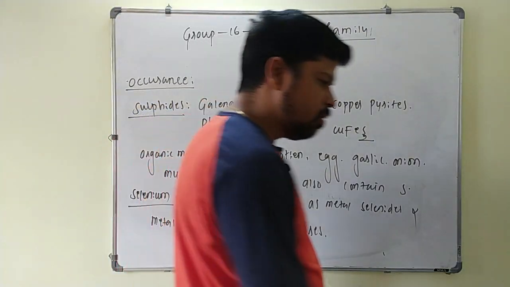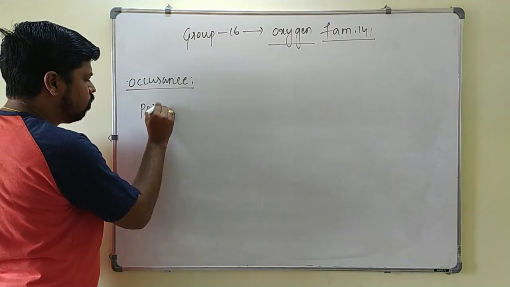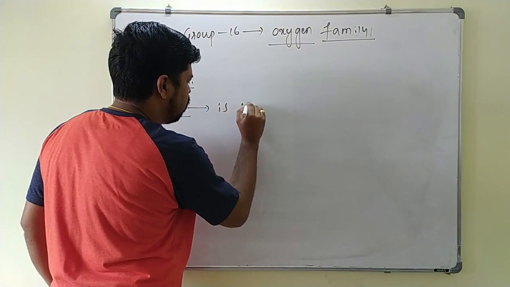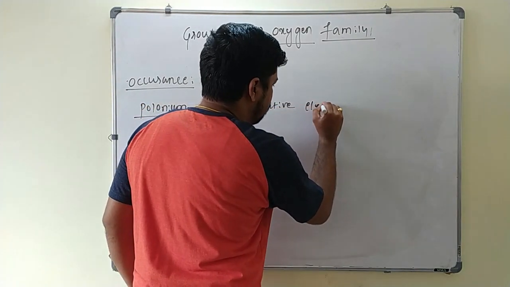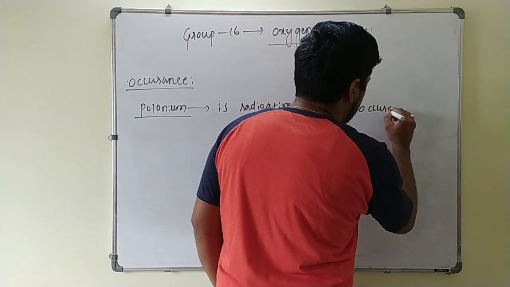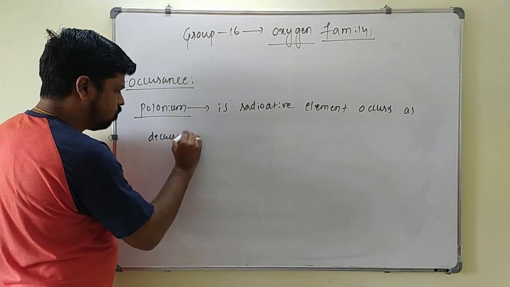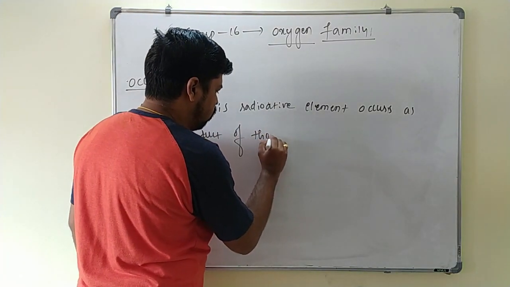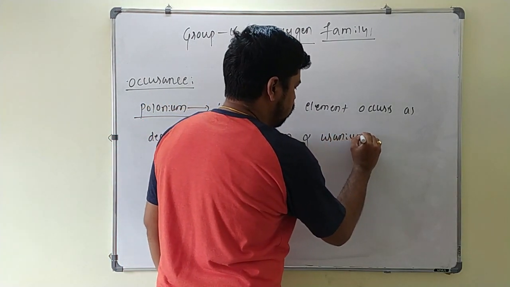The last one I will write is polonium. Polonium is a radioactive element, occurs as a decay product of thorium and uranium.